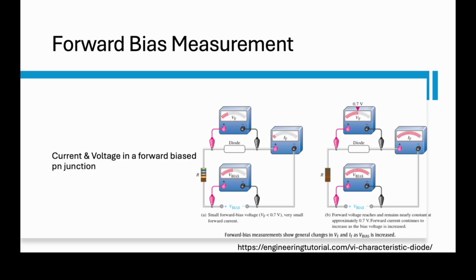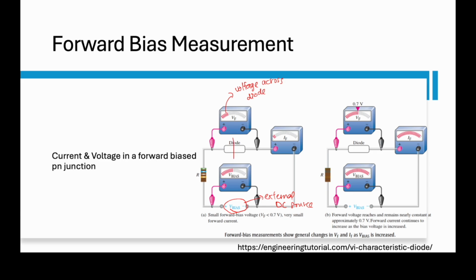Alright, now let's look at the forward bias measurement. Here, V bias is the external DC source, and VF is the voltage across the diode.